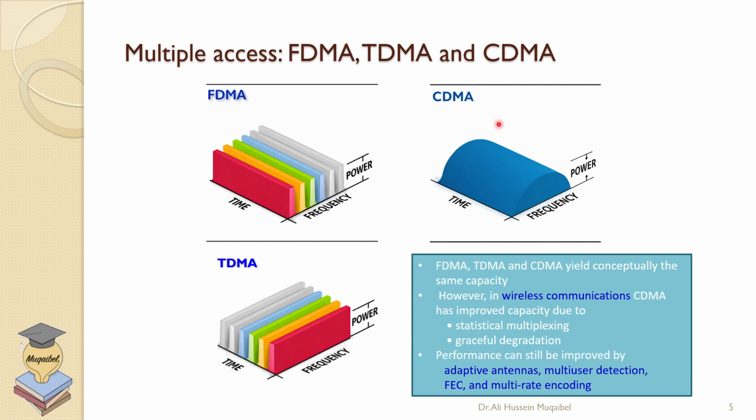It allows you to have more users with somewhat similar codes to some extent, so you can cover more users, but of course at the cost of quality. That's the theoretical expectation. And the performance can still be improved by adaptive antennas, multi-user detection, forward error control, and multi-rate encoding.